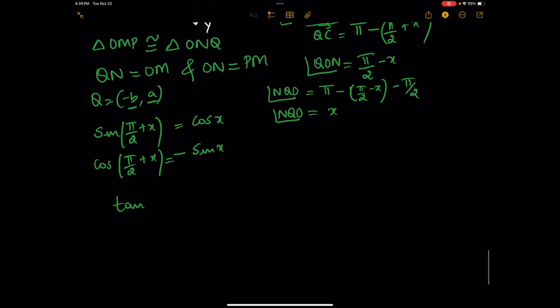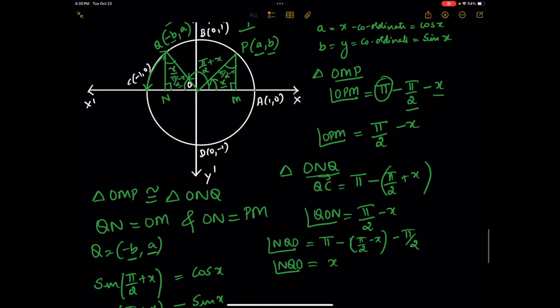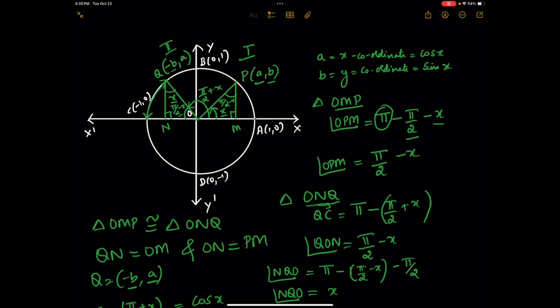Now it's easier for us to find the tan value. So tan of pi by 2 plus x is sine of pi by 2 plus x divided by cos of pi by 2 plus x, which is cos x by minus sin x, which is minus cotangent or cot of x. So this is how we can find the values of trigonometric functions at pi by 2 plus x.